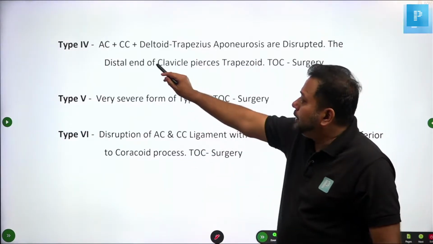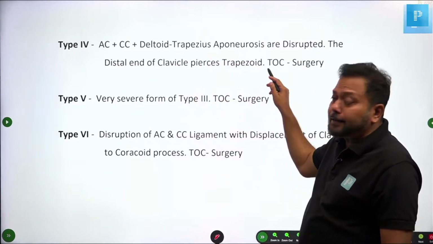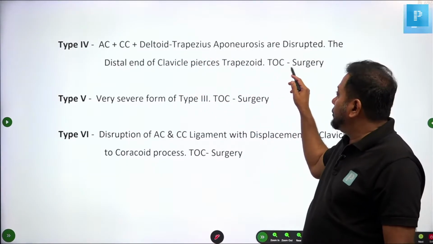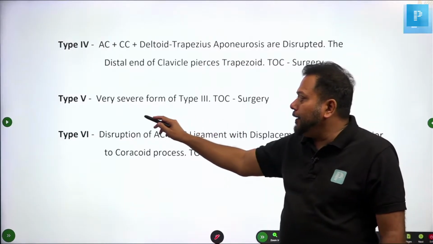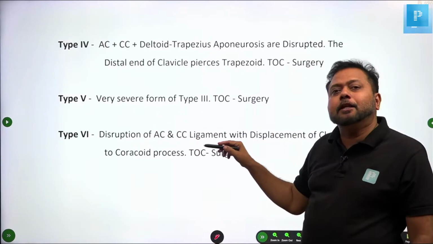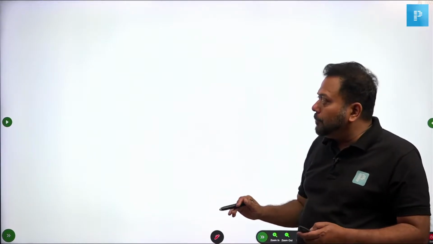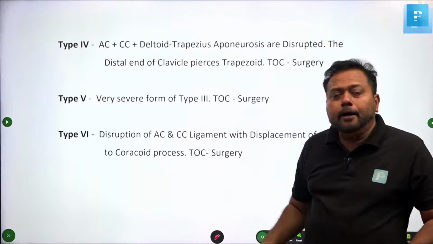No problem. See, in type 4, AC plus everything is disrupted and the distal end of the clavicle pierces the trapezoid. So treatment of choice is surgery. Type 5 is a very severe form of type 3. Again, for all of these the best treatment is the Bosworth technique. You remember that word, right? So this is about acromioclavicular joint injuries.